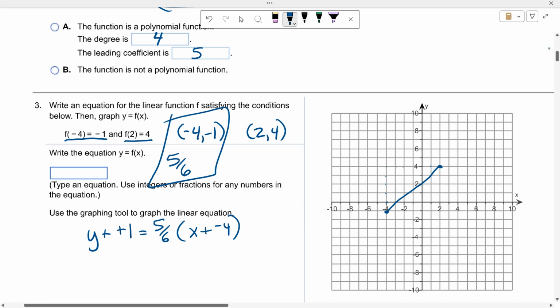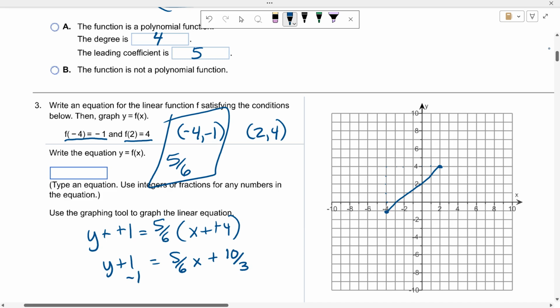So each time we'll go plus a positive. So y plus 1 equals 5/6 x plus 26. What's 26 the same as? 10 over 3. 20 over 6 is the same as 10 over 3.